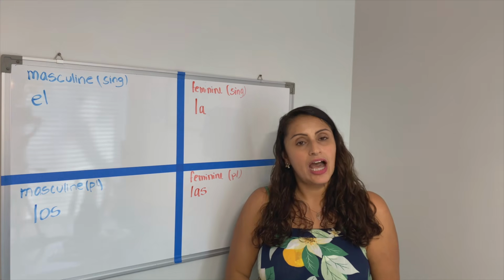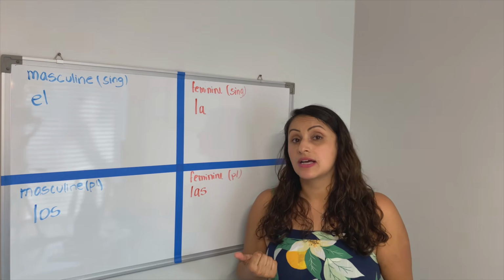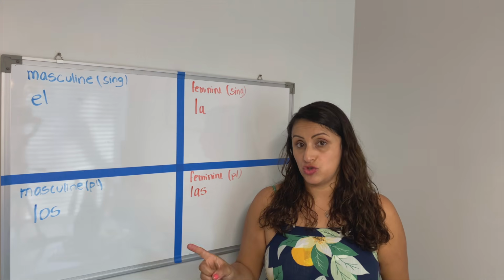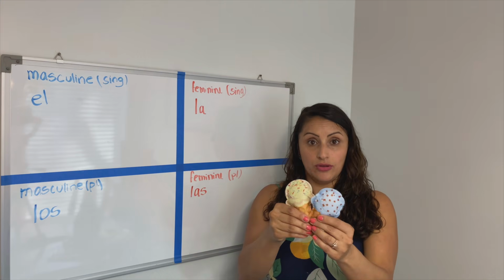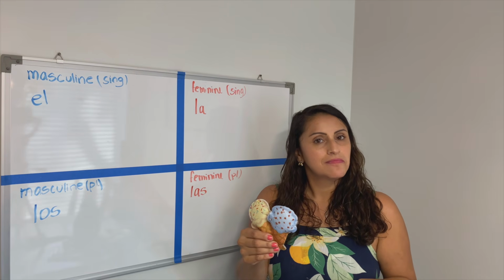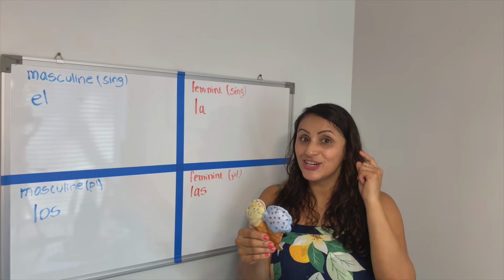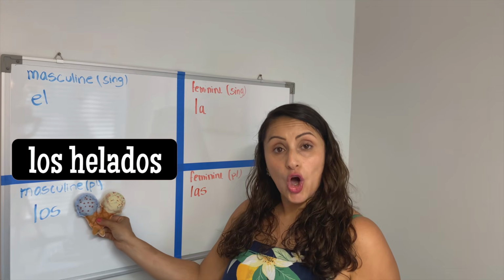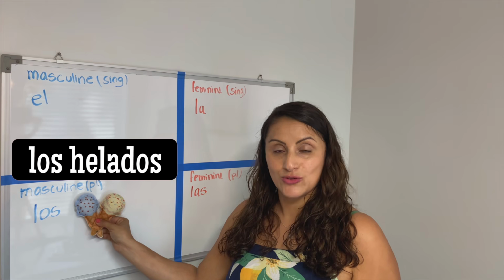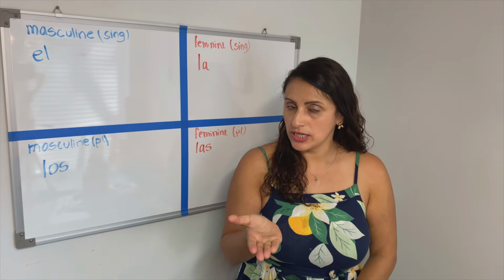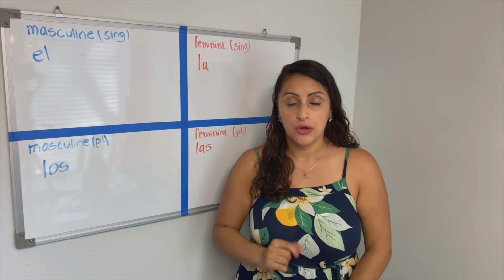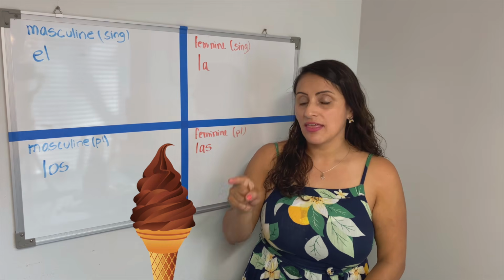Good. Now, what if you were talking about multiple ice creams? And again, it's helados because it is plural. What definite article would you use? Good. That would be los helados. Los helados. Muy bien. So definite articles talk about a very specific item that we're referring to. Maybe we're saying, I like the ice cream.